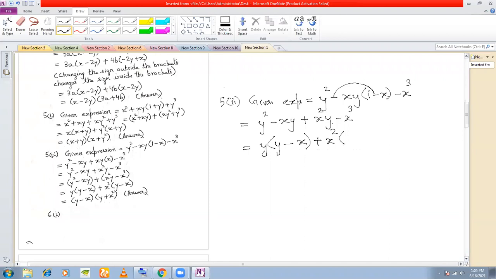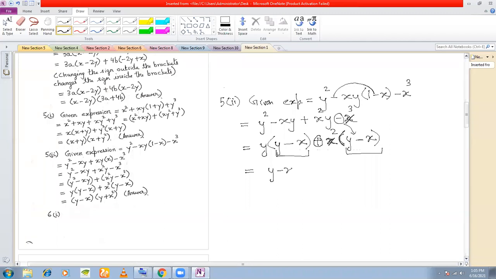From x square y, if you're taking out x square, you're only left with a y. And because I have a plus sign outside this bracket, this minus sign will remain a minus sign. And from x cube, taking out x square, you're left with x. So y minus x. Now you see how you're getting a y minus x and a y minus x. So our grouping is correct.